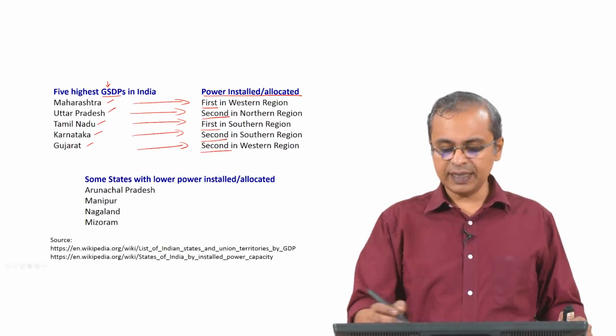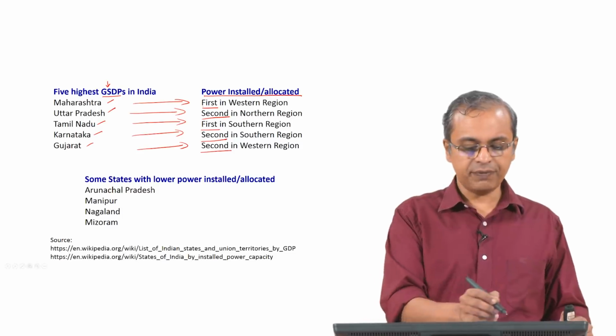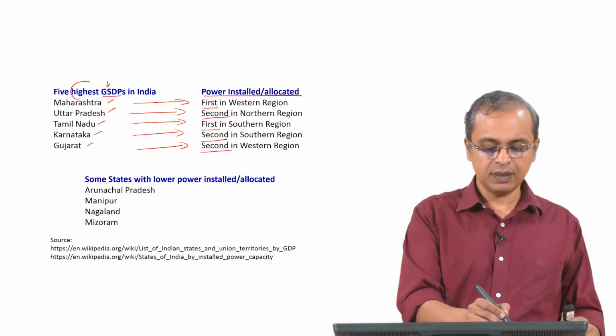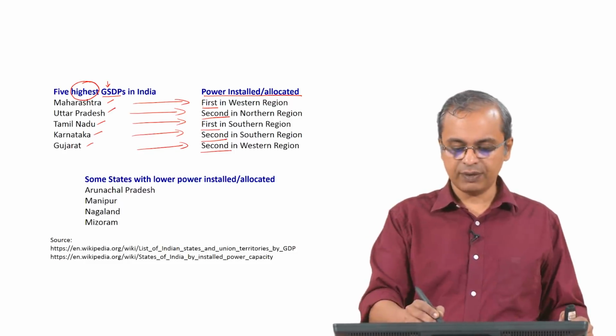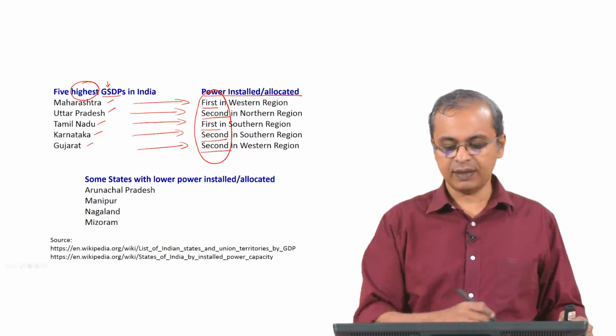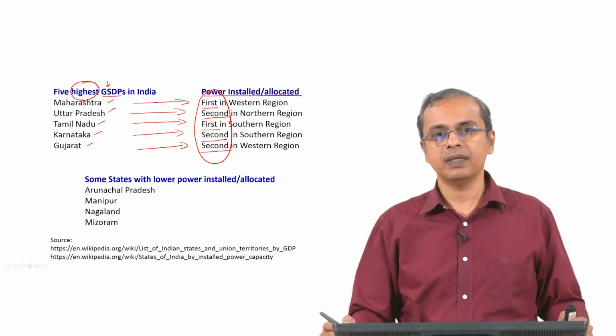So, you see very distinctly this relationship. These are all the highest contributors to India's GDP, and they are all here: first, second, first, second, first, second. That is what you see, right.